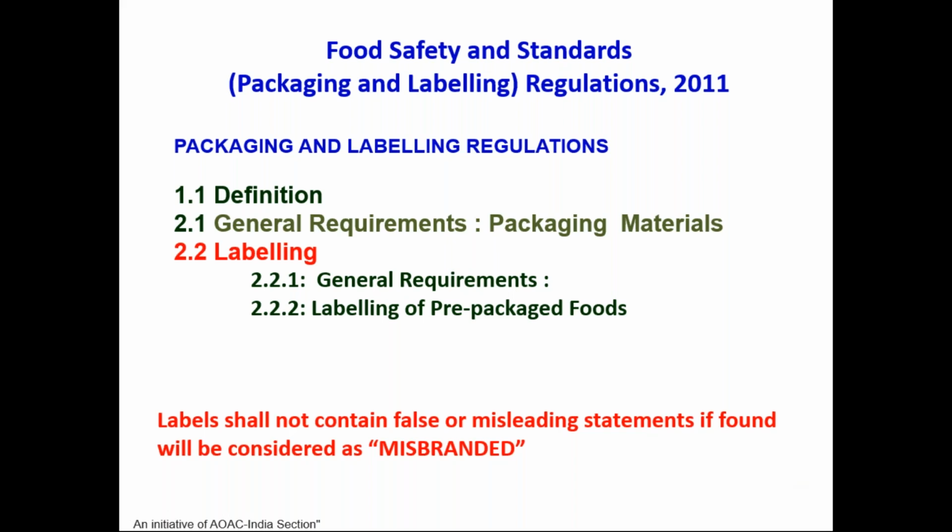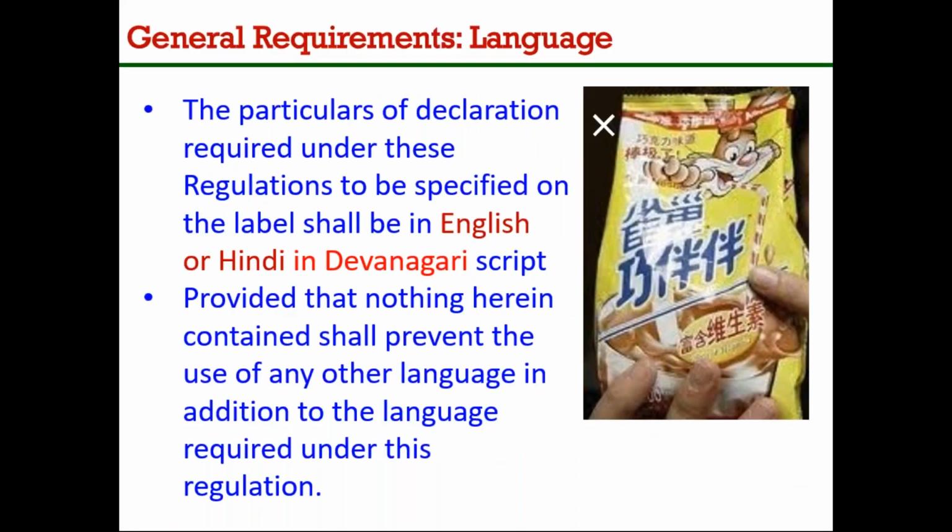The first requirement is the language in which the name of the food is on the package. It is very clearly said that the label should be in English or in Hindi in the Devanagari script. But this does not prevent the food business operator from using any other language along with either English or Hindi.